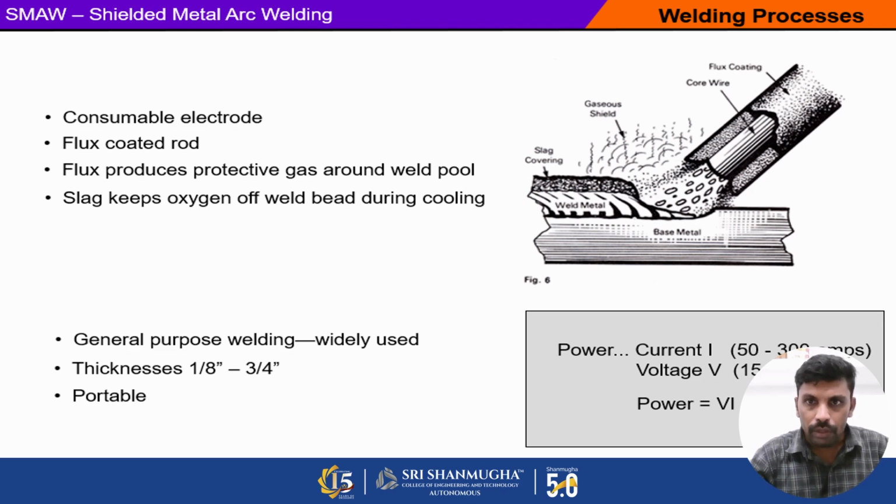In this picture, this is the core wire, that is the welding wire. The outer side is the flux coating, which is in powder form. It is mainly used to prevent oxidation during the welding process. This is the base metal.